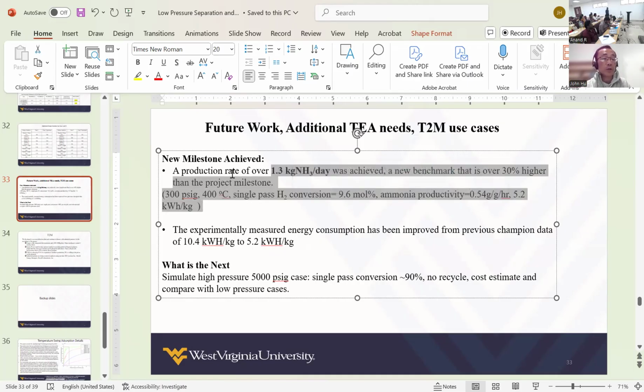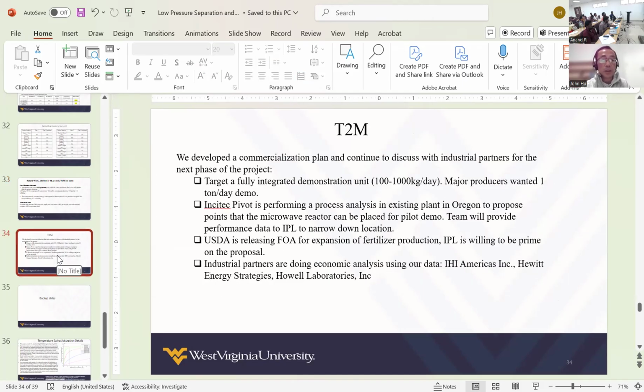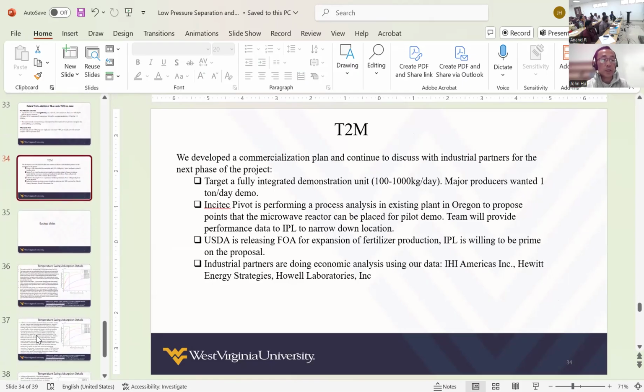With the technical economic analysis, we actually project further. If you have our reactor up to 5,000 psi, our single pass can reach this much, so the economics will be doing even better. All right, that's pretty much what we are doing on the TEA.